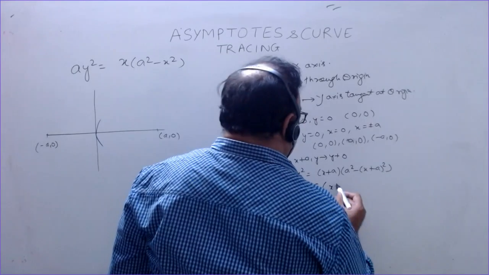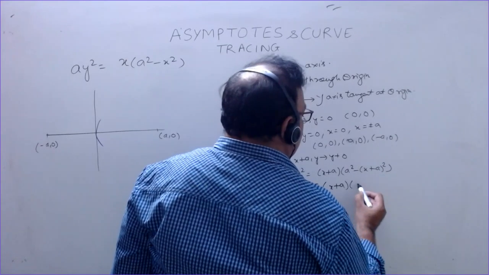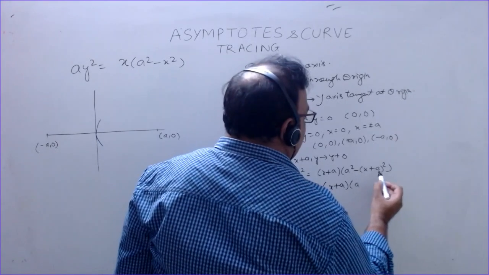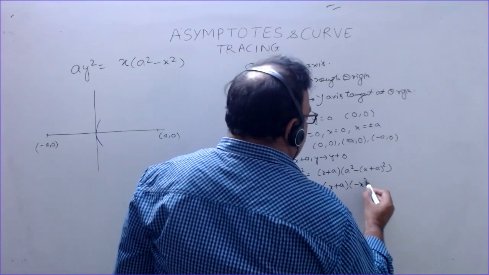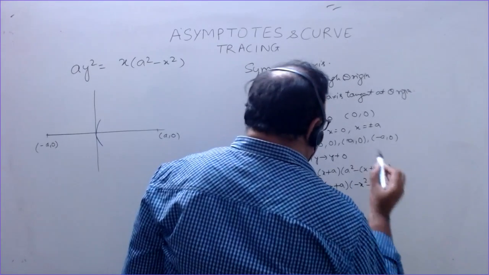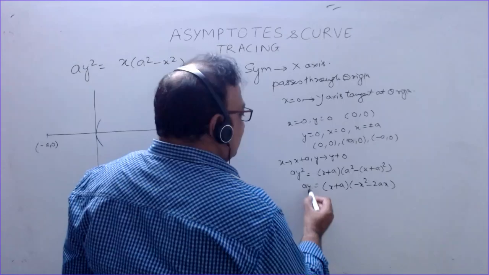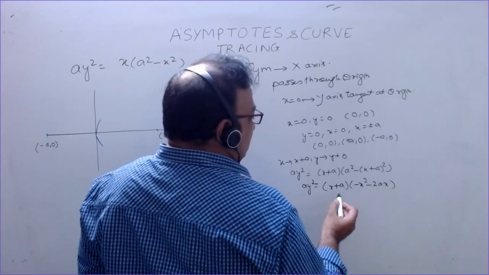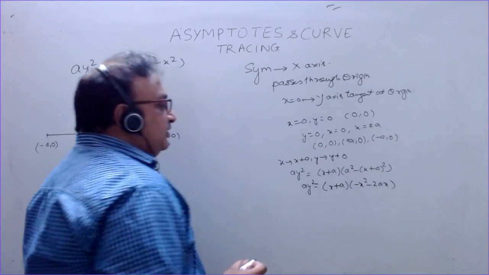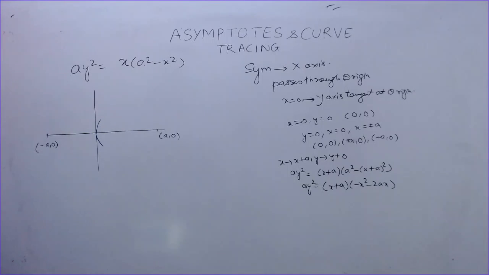So (x plus a) into (a square minus x square minus a square minus 2ax), a into y square. From this you can find the equation of the tangent at the point (a,0).